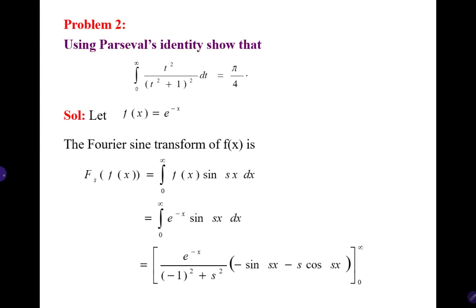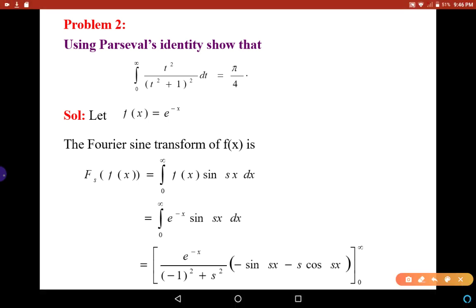Using Parseval's identity, show that the integral 0 to infinity t square by t square plus 1 whole square dt is equal to pi by 4. Because we have t by t square plus 1 in this integral, we consider f of x as e power minus x, and if we derive the Fourier sine transform of this f of x, we get s by s square plus 1.